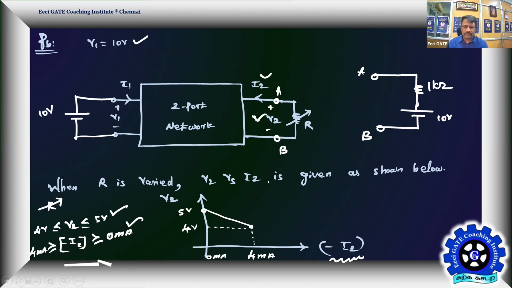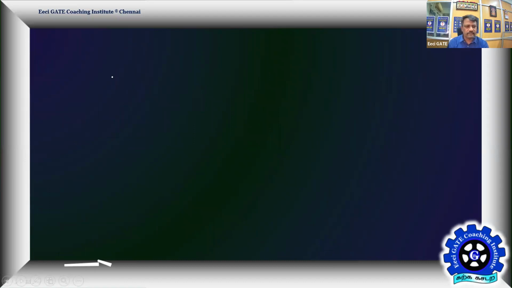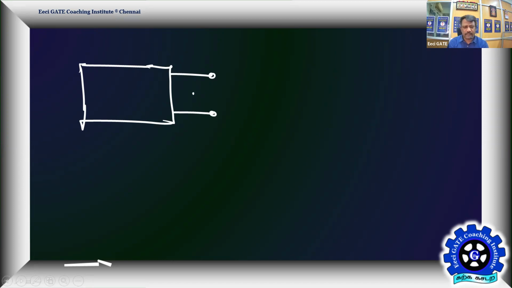So how can we plan? I can call this a whole circuit whose internal excitation doesn't change, because the input port is excited by a constant voltage. Let me take this as V2 and this current as I2. I took it positively now, therefore the graph is going to be this, with I2 instead of minus I2.